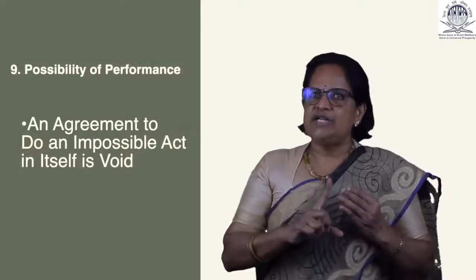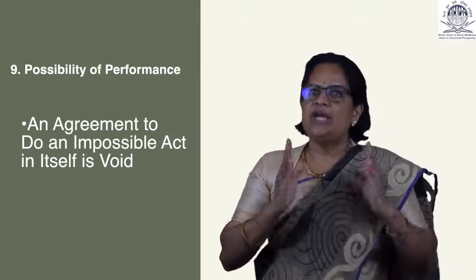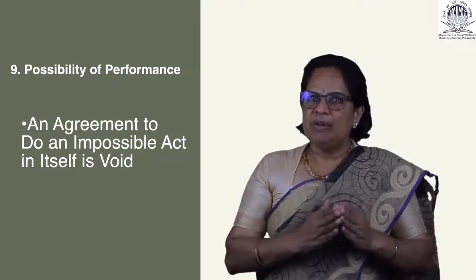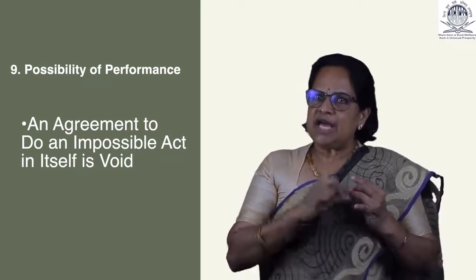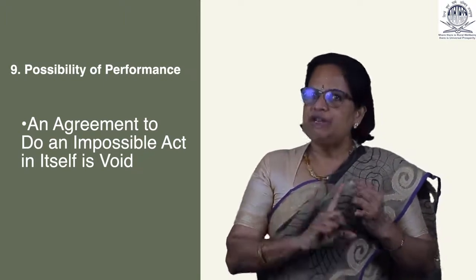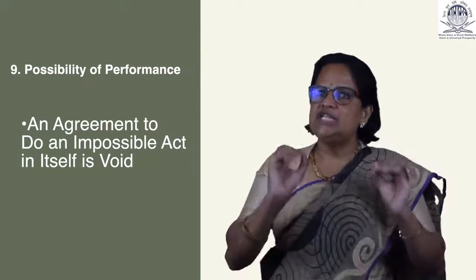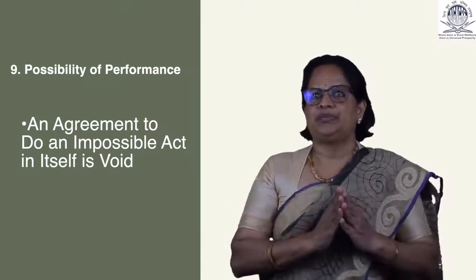The next condition is the possibility of performance. The contract, when entered into, should be capable of performing. For example, if a person enters into a contract to take you to the moon, it is not a valid contract as it is not humanly possible.